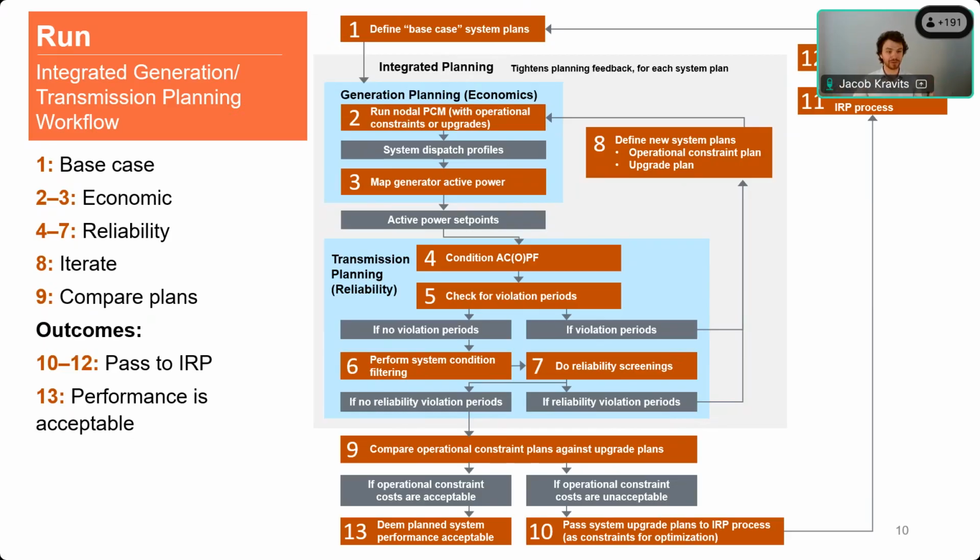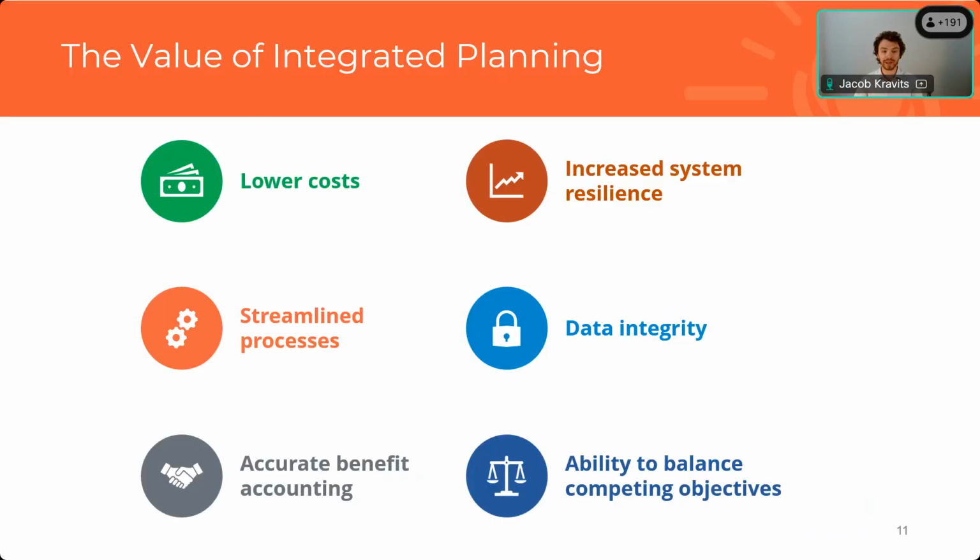What's the value of all this integration? Well, Aaron actually talked a lot about the value of integrated planning from a high level, so I won't rehash that here. But what I do want to highlight, the thing that's unique about the guidebook, is that we explore the unique value of integrated planning for each planning interface.